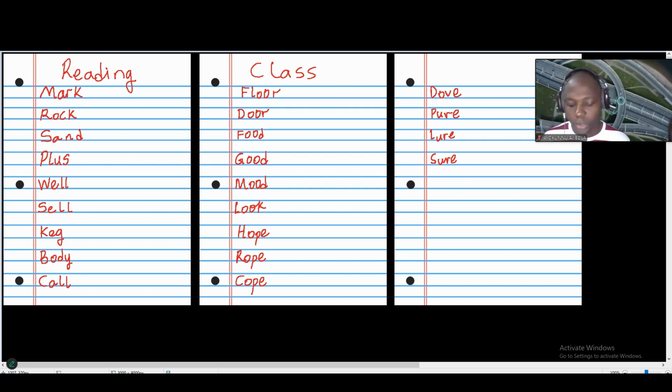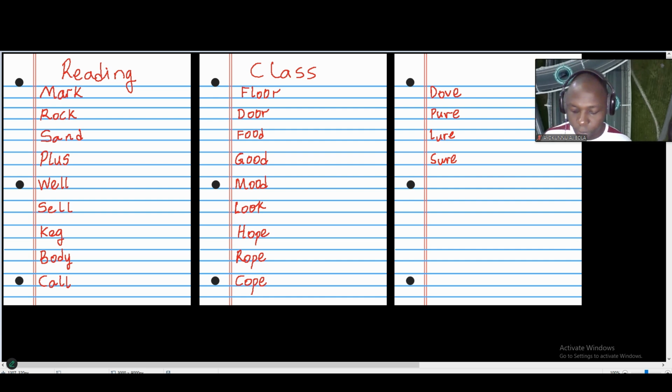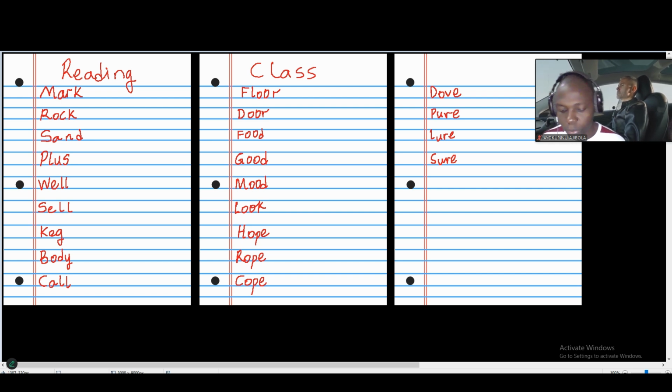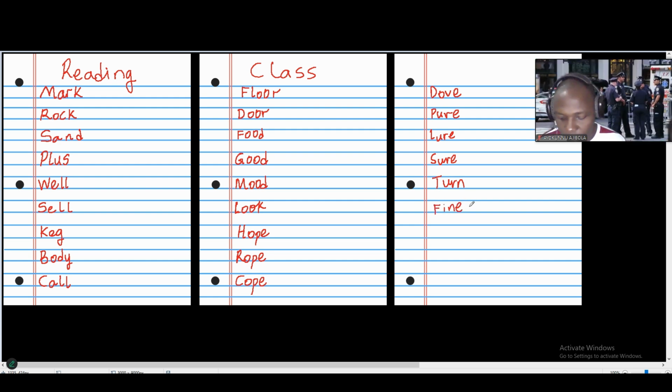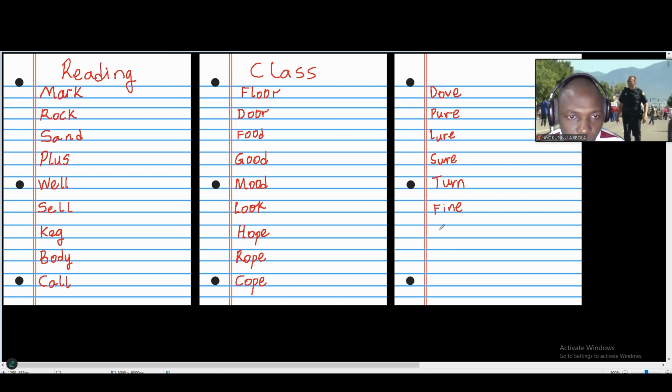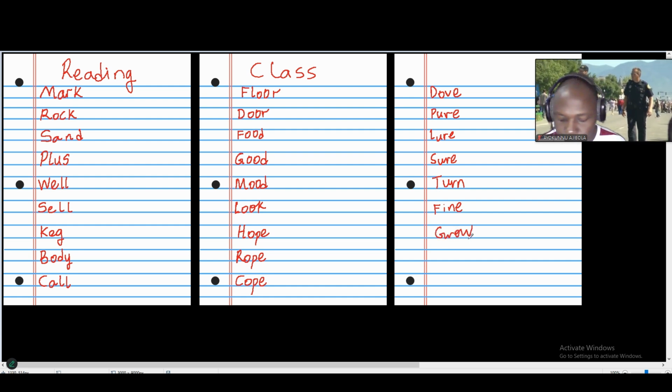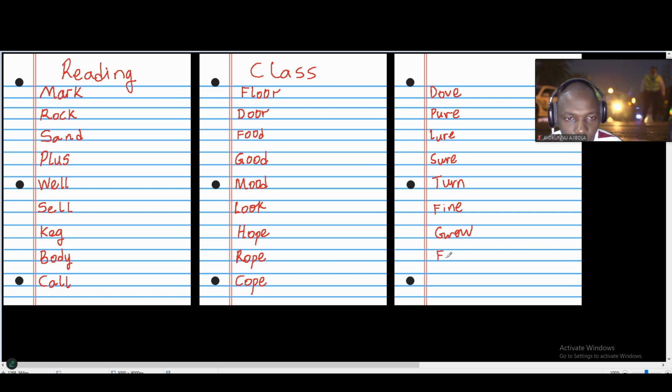So this is the first set of words, and we could have a quick look at the other kind of words that we can also try to learn, like maybe turn, T-U-R-N, maybe fine, maybe grow, maybe feel, and I can remove the F and put peel, like a peeling sound.